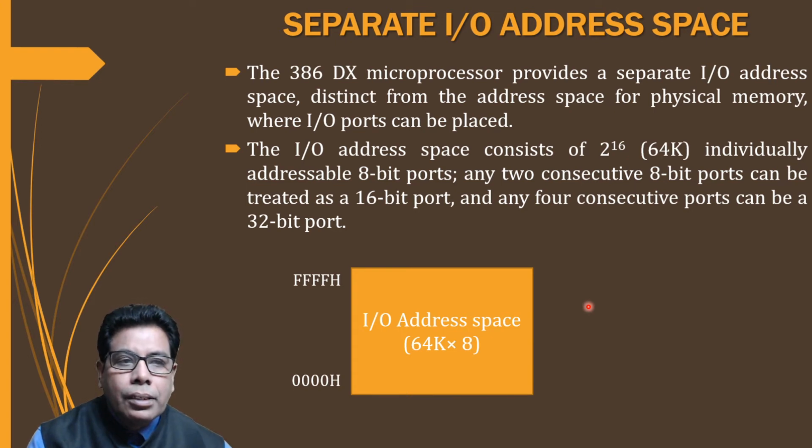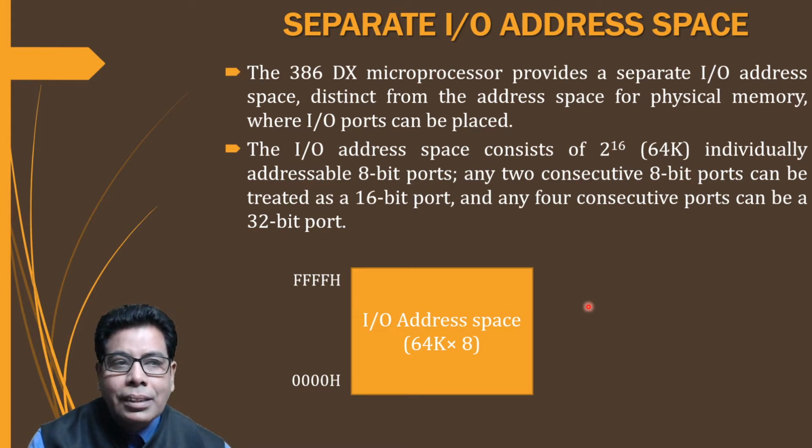The 80386 microprocessor provides the separate address space which is distinct from the address space for the physical memory. We already know that the 80386 microprocessor has got 32 address lines.